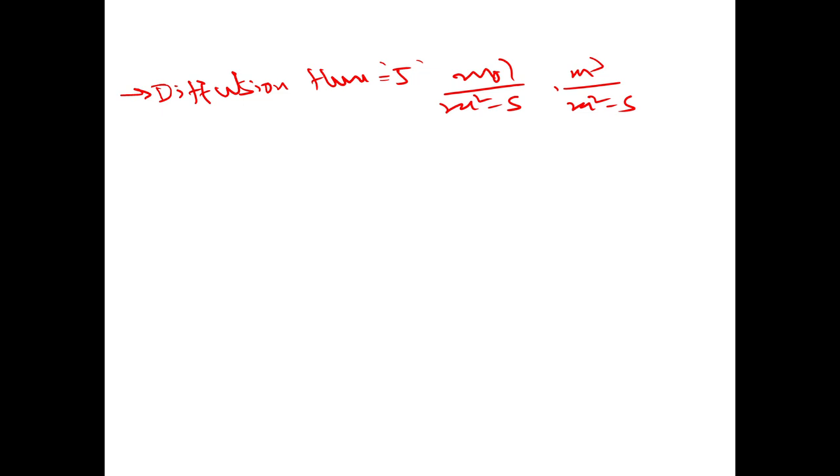How Fick started his first experiment is explained in the next video lecture. The flux is equal to the number of atoms traveling per unit area per unit time. Concentration flux.